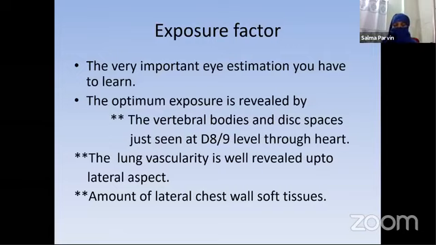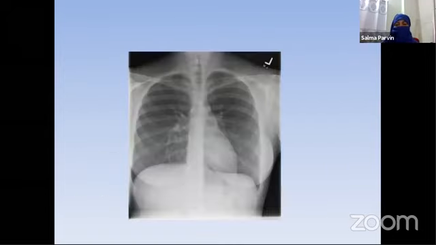What happens whenever we have an overexposed or underexposed film? Does it matter or not? Why should I go through this, and why do you need to understand it? You see, I have gone through the parts of the chest X-ray, and at least in some part you will be able to explain some faults here.